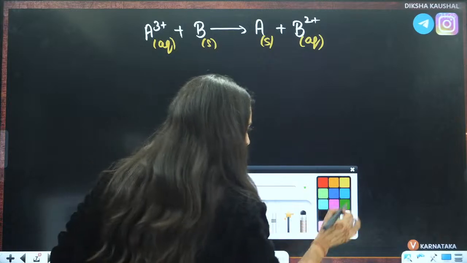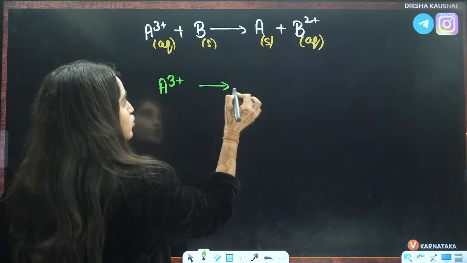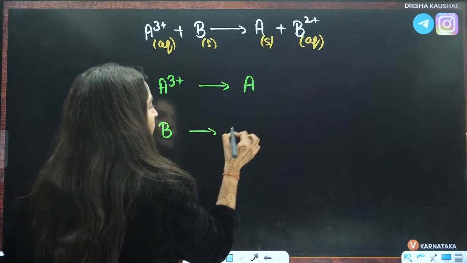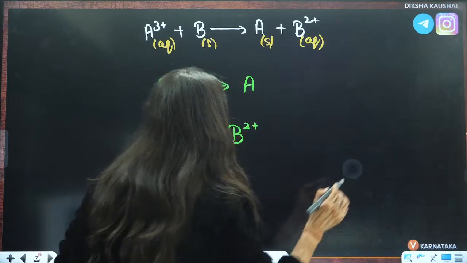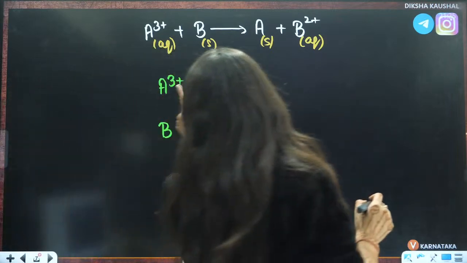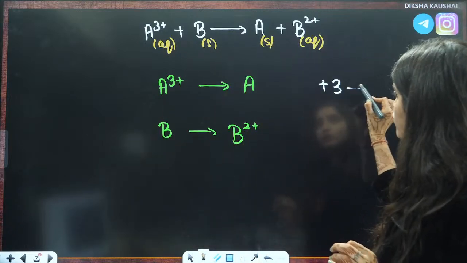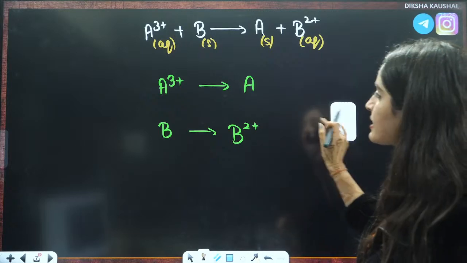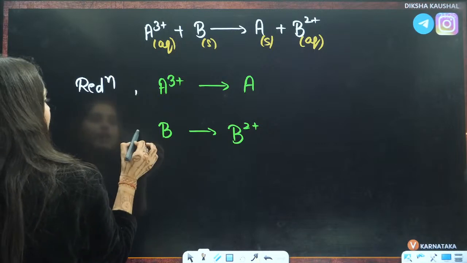Now let us see. Here it is from A3 positive to A, and this is B2 positive. A3 positive to A means plus 3 to 0. That means oxidation number is decreasing, so this is reduction, happening at the cathode side.